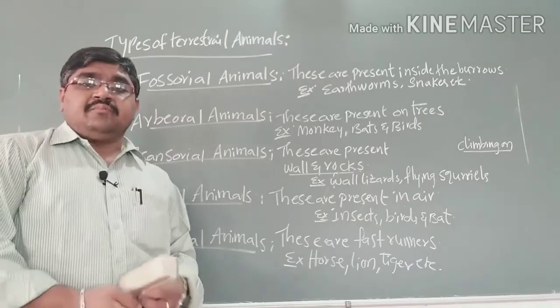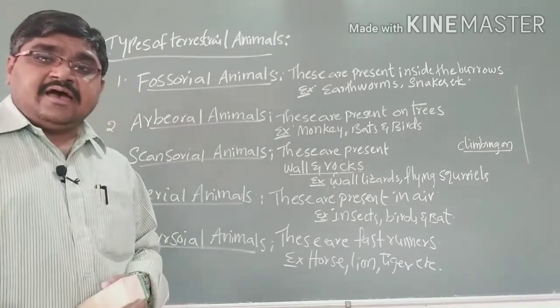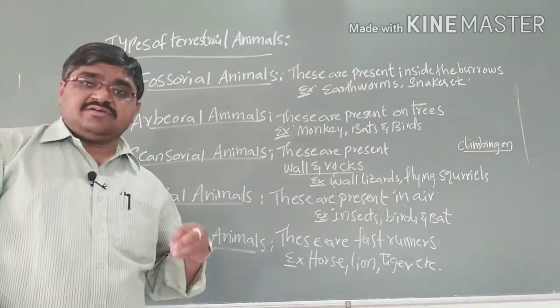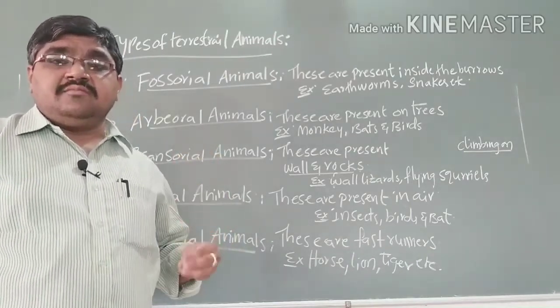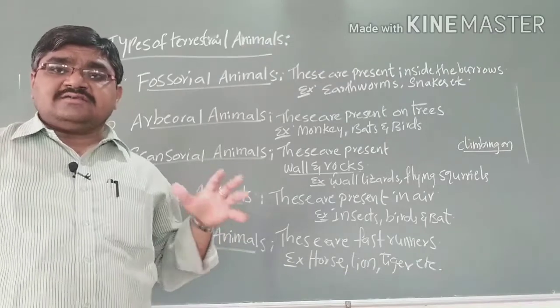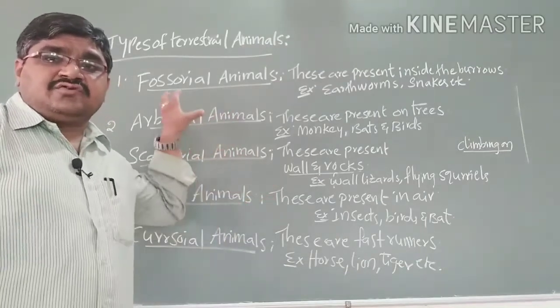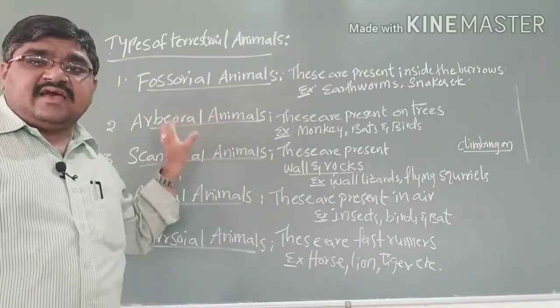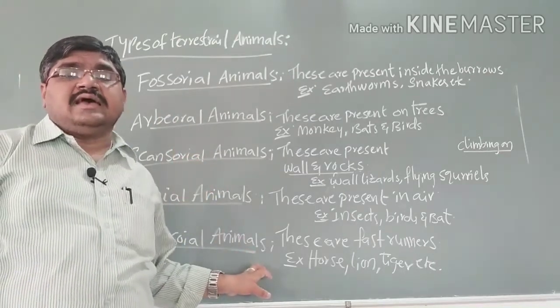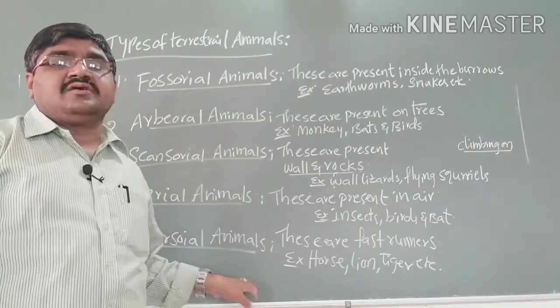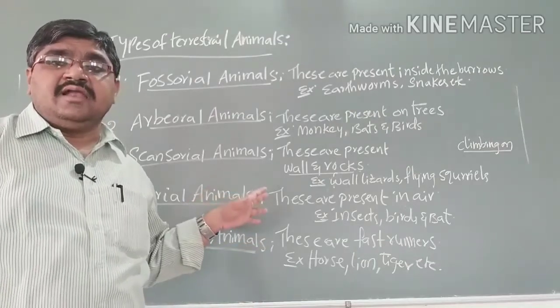So here, based on their habitat on land, the animals are classified into 5 types: fossorial, arboreal, scansorial, aerial, as well as cursorial animals. If they are present in burrows, we call them fossorial.